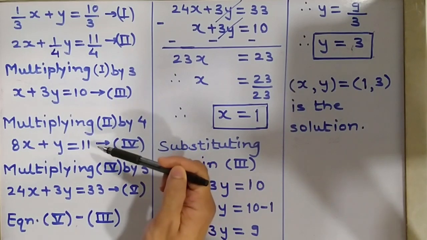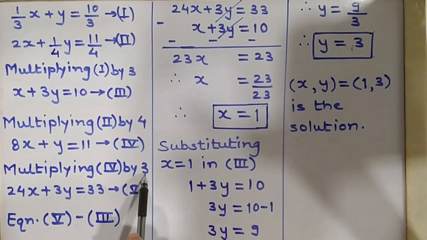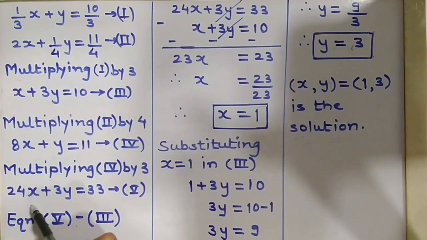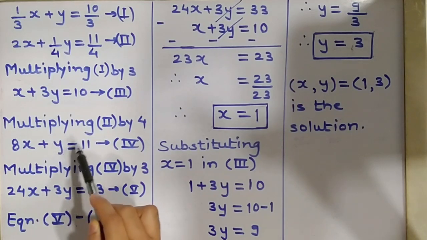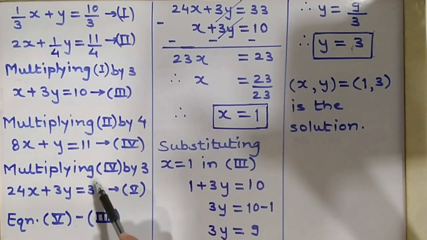So आप 3 से throughout multiply करने वाले हो उसे. Multiplying equation 4 by 3, what you get is 8x multiplied by 3 is 24x, y multiplied by 3 is 3y, and 11 multiplied by 3 is 33. So ये आपका हो, will number this as equation number 5.